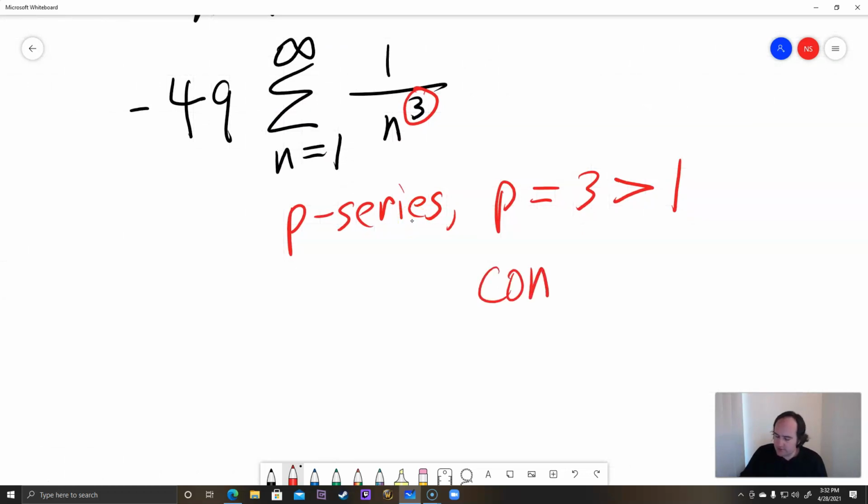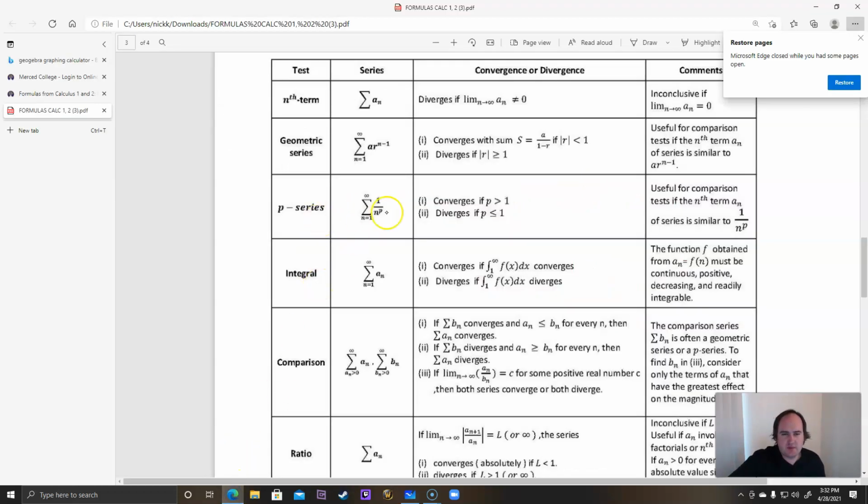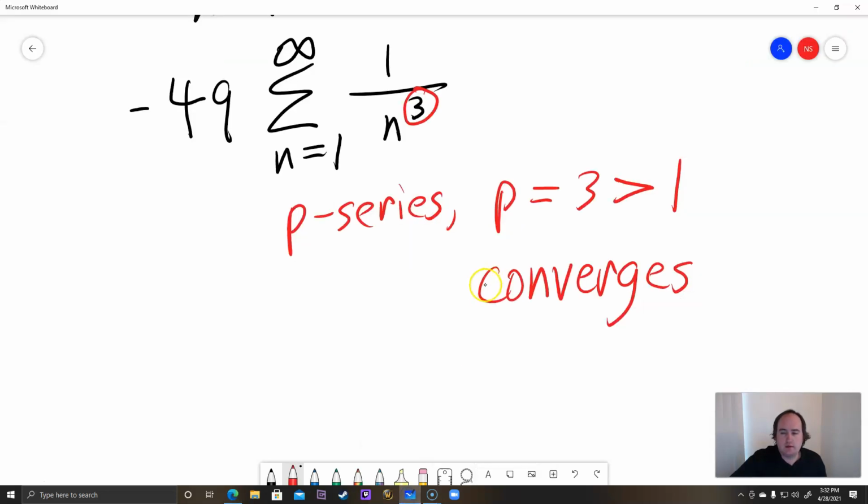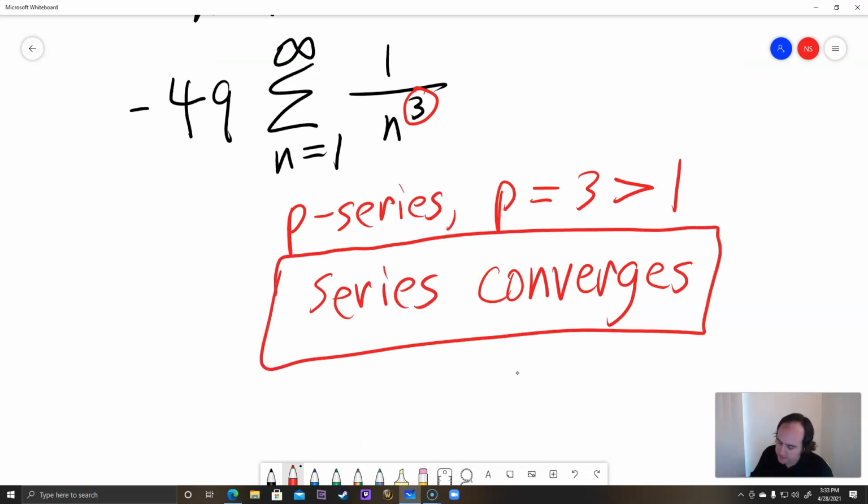Okay, so it converges. All right, and then notice the test for the p-series doesn't tell you what it converges to, but it tells you that it does converge. Okay, so the series converges. And that's going to be our answer.